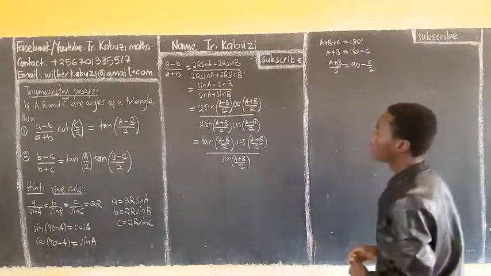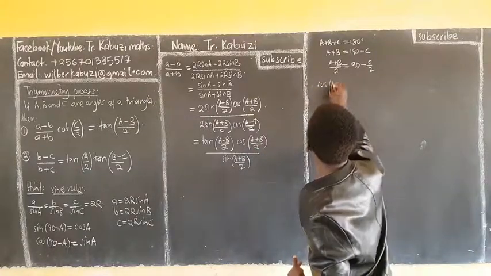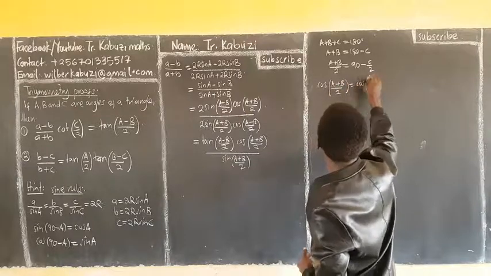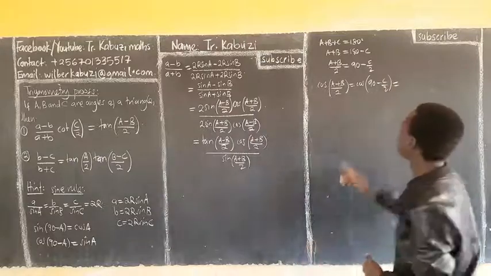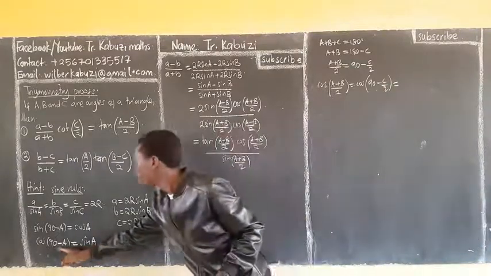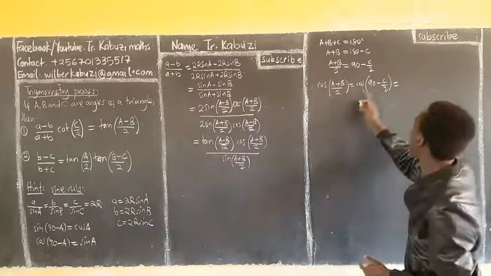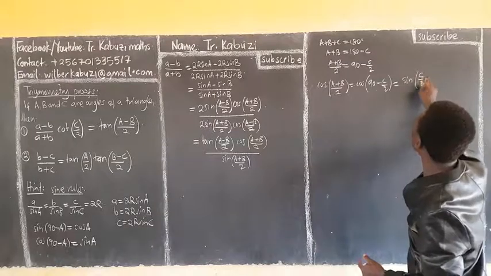That's what I have. Now I introduce cos here. Cos of A plus B over 2 will be equal to cos of 90 minus C over 2, and now we are going to use this property: cos of 90 minus the angle here is the same as sine of that angle. So now this will be sine of C over 2.